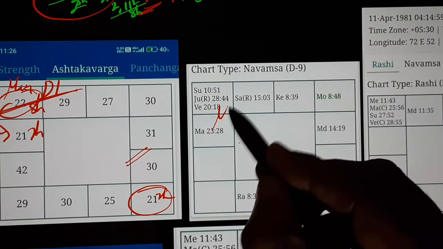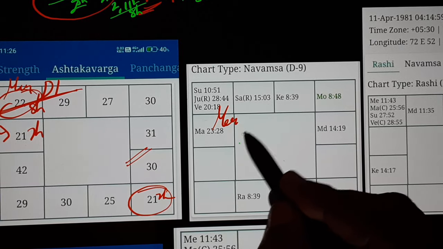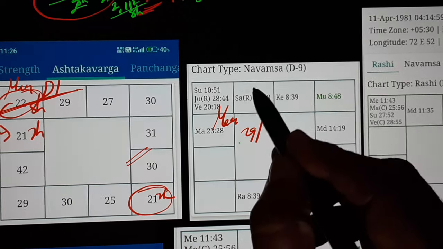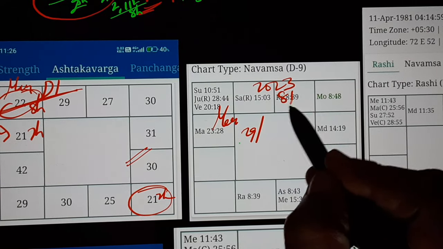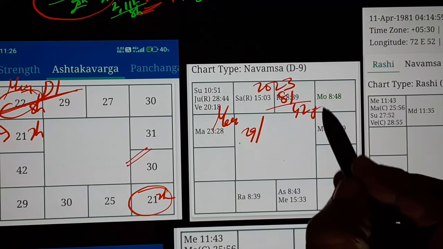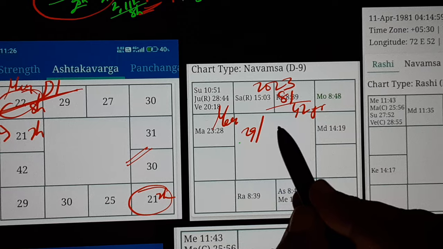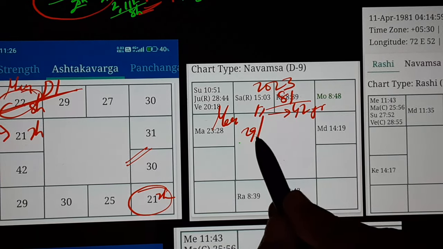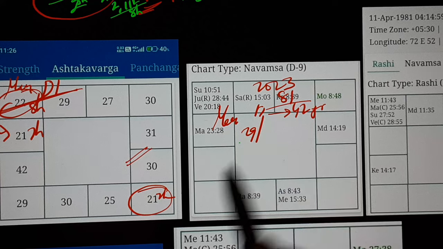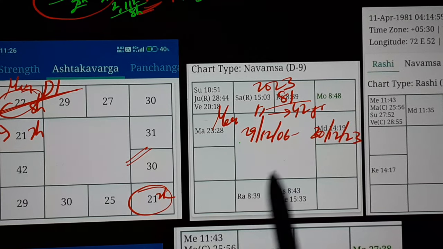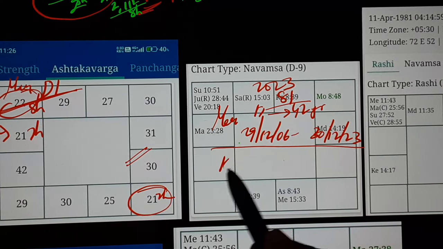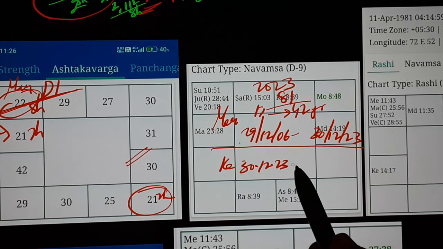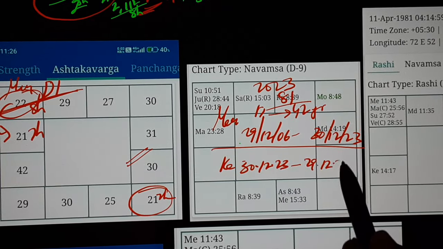The Mercury Dasha was running until the age of 42, in 2023, which was the prime age for her to get married, the previous 17 years. This is the Mercury Mahadasha period, and then came Ketu, 30 December 23 to 29 December 30.